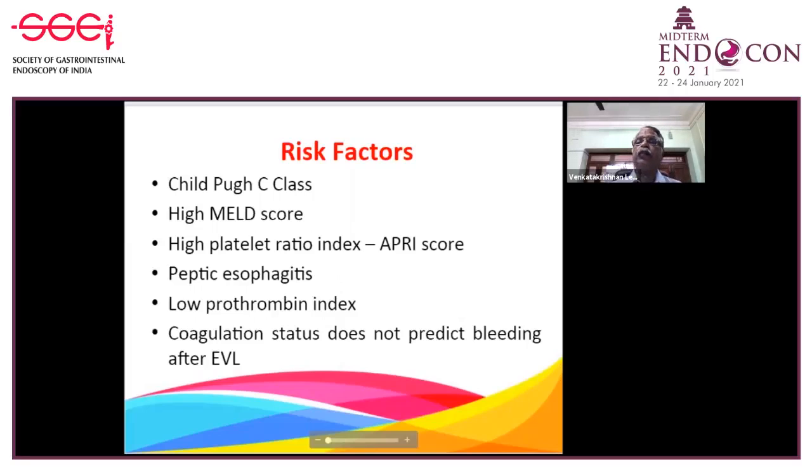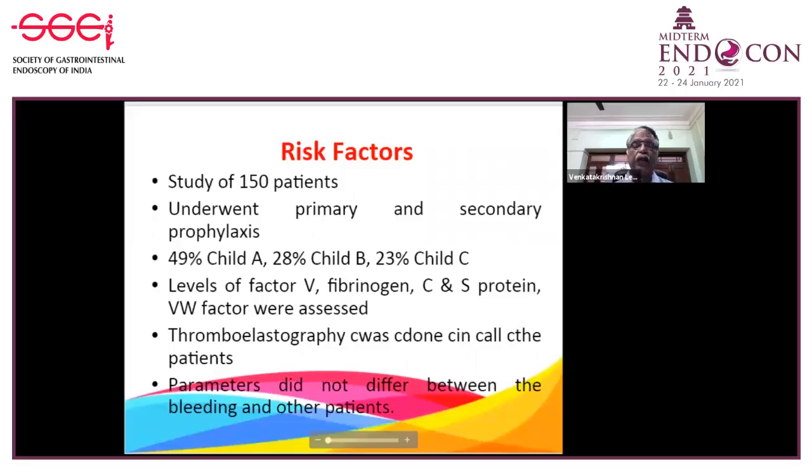And there is no difference between the patients who bled and patients who did not bleed. So it is not very clear whether patients who come with a rebleed should be routinely treated with coagulation products. In this study, 49% were Child A, 28% Child B, and the rest Child C, who underwent primary and secondary prophylaxis, and the parameters did not differ between the bleeding and other patients.